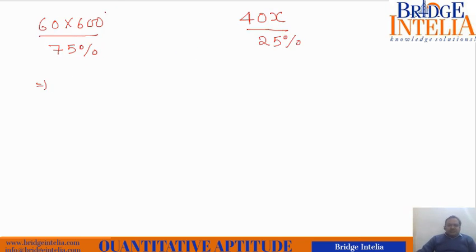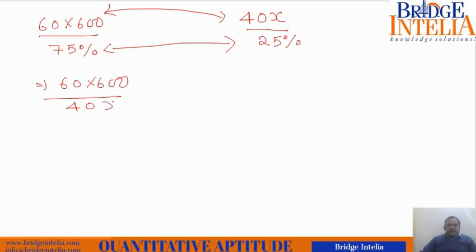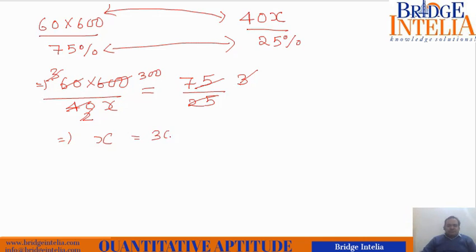These two numbers must be in the same ratio. It means 60 into 600 divided by 40X should be exactly equal to 75 by 25. So from here, 25 and 75 gives 3, and 40 and 60 gives 3 by 2. This 3 and this 3 get cancelled, this 2 and this also get cancelled. So X comes out to be equal to 300.